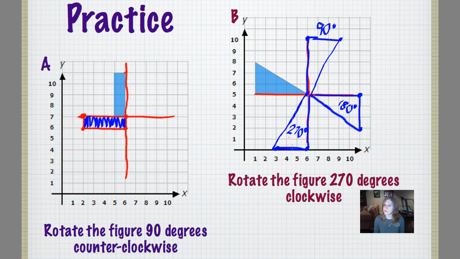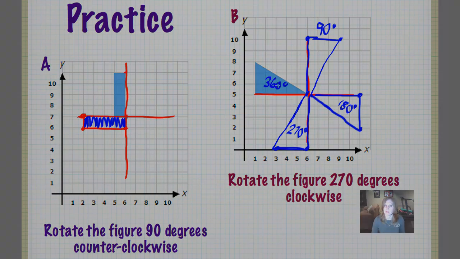When I add 90 more degrees to that, I end up at the original point, which is also rotating this figure around 360 degrees. There's my starting point. There's a 90 degree rotation, a 180 degree rotation clockwise, and a 270 degree rotation clockwise. And this would be all the way 360 degrees in a full circle around the point of rotation.